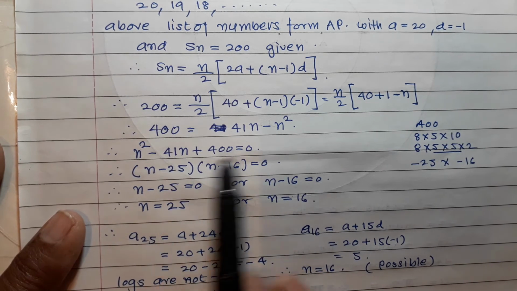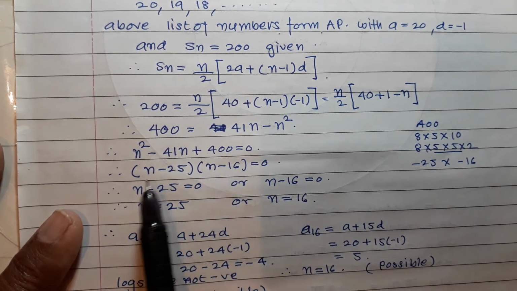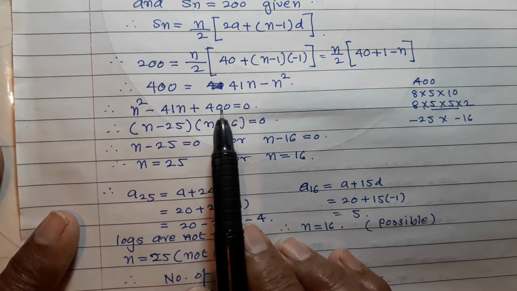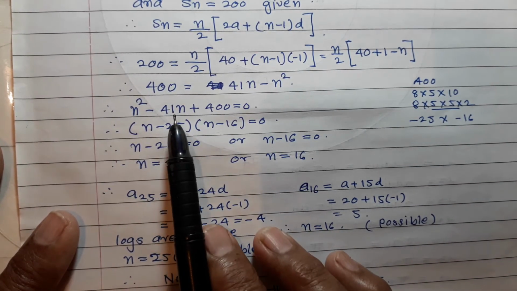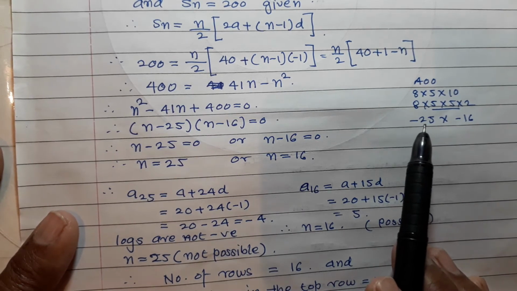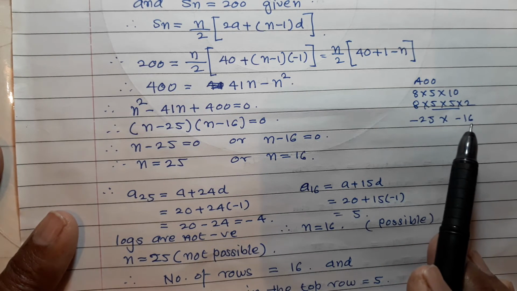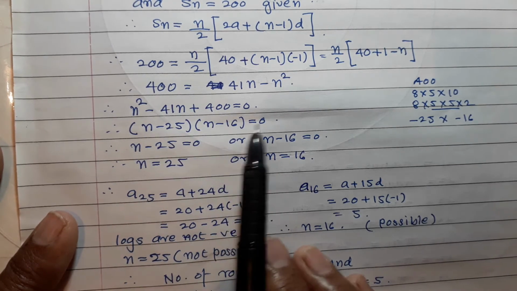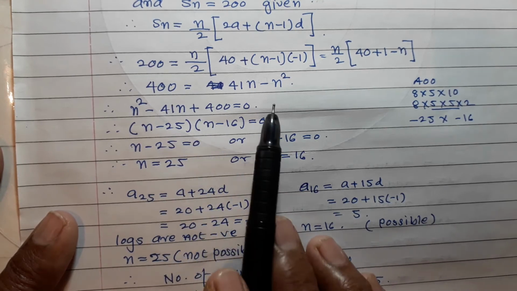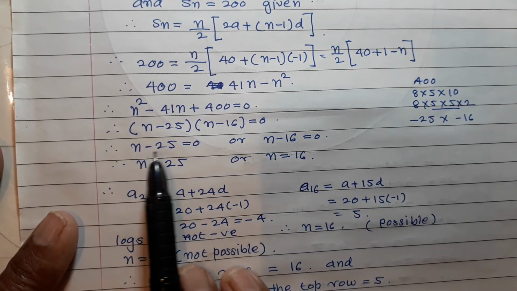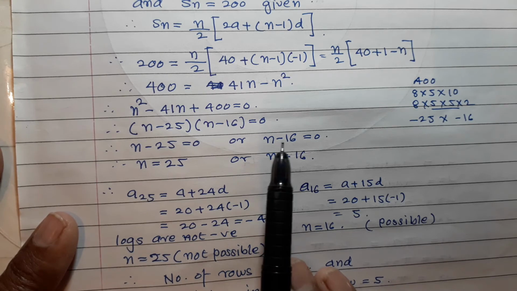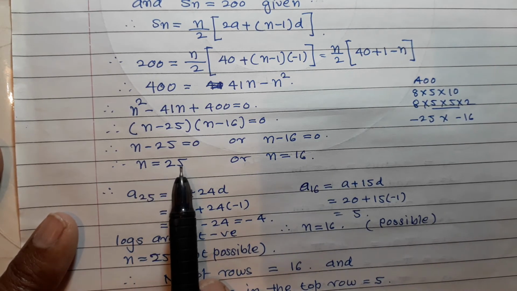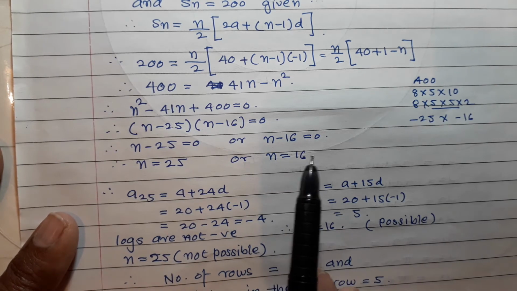This is a quadratic equation. Solve this equation so that you will get n. I split up 400 such that the addition is equal to 41, so my two factors are minus 25 and minus 16. So n minus 25 into n minus 16 is equal to 0, and therefore n is equal to 25 and n is equal to 16.